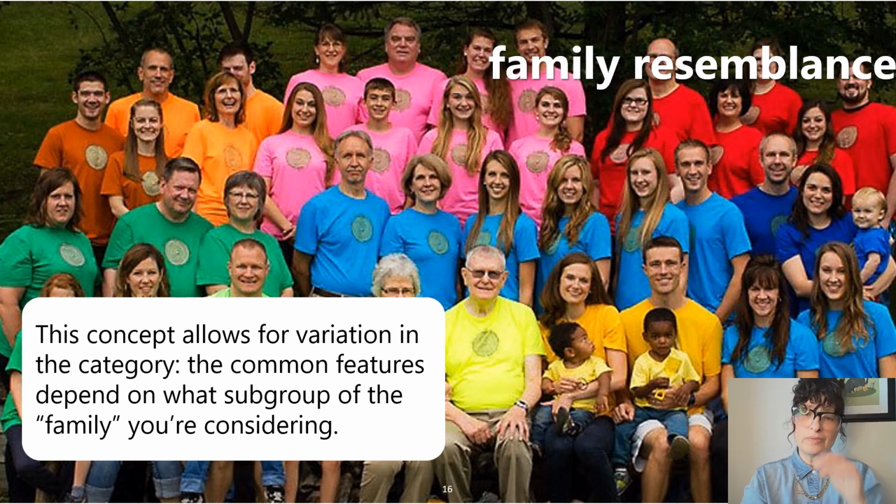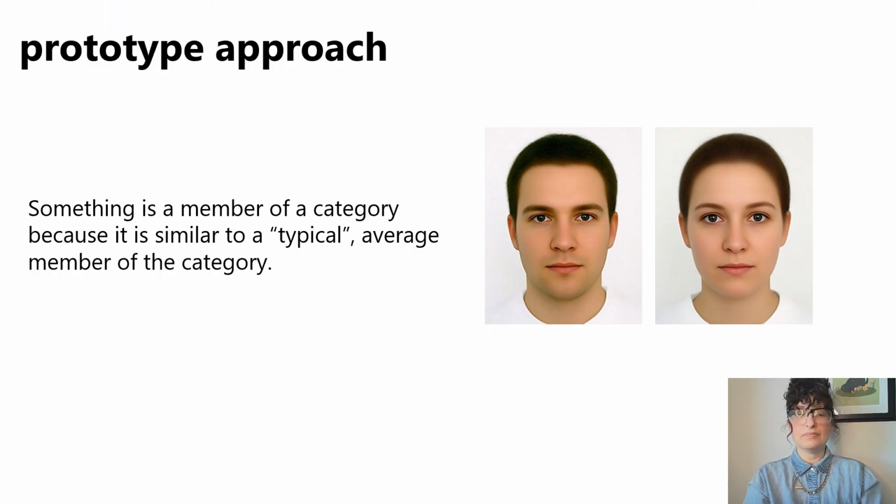The concept of family resemblance actually inspired researchers to propose the next approach, the prototype approach, because it seemed like the categorization was based on similarity with some standard representation of the family. So the typical prototype is based on the average members of a category that are commonly experienced. So it's like a summary representation that captures the central tendencies of a category.